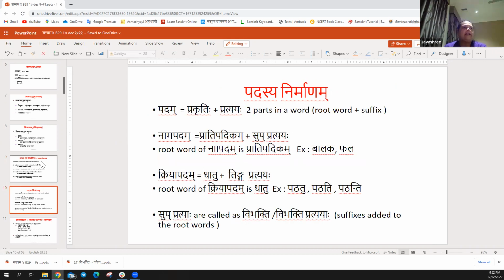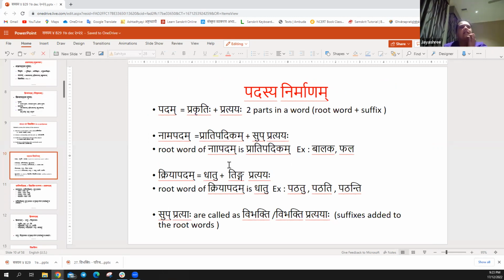And then we have this Padasya Nirmanam. Okay, so we go with the word Padasya Nirmanam, the construction. So what is Padam? It is Prakritihi plus Pratyayaha. So Prakritihi is the root word, plus suffix.